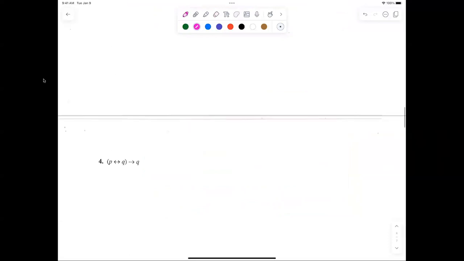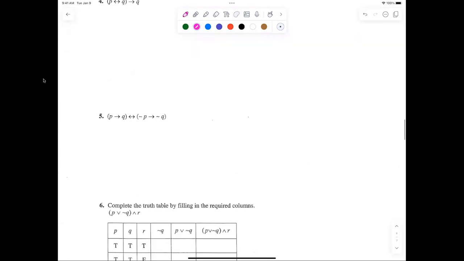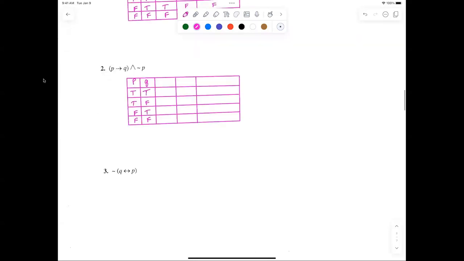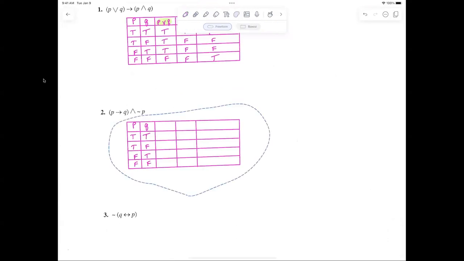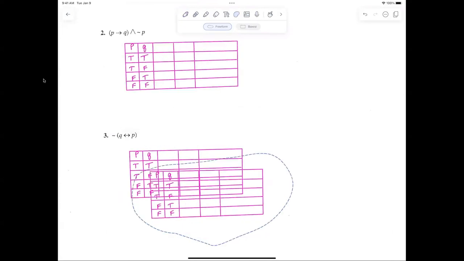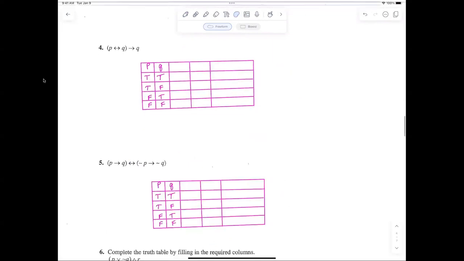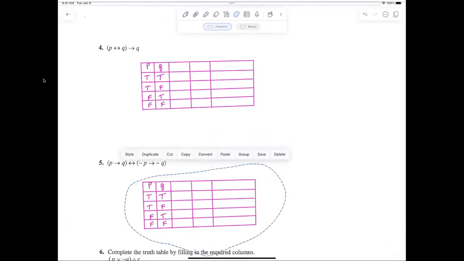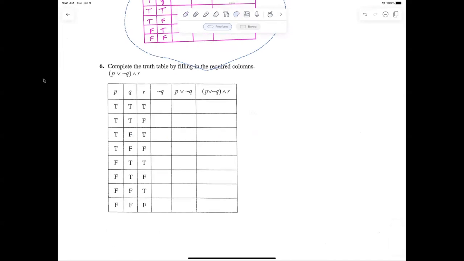There are all kinds of problems. It's mostly P and Q. Do you agree with that? So if it's mostly P and Q, you can just copy from here, duplicate and roll it down, duplicate, put it down here, duplicate. There.